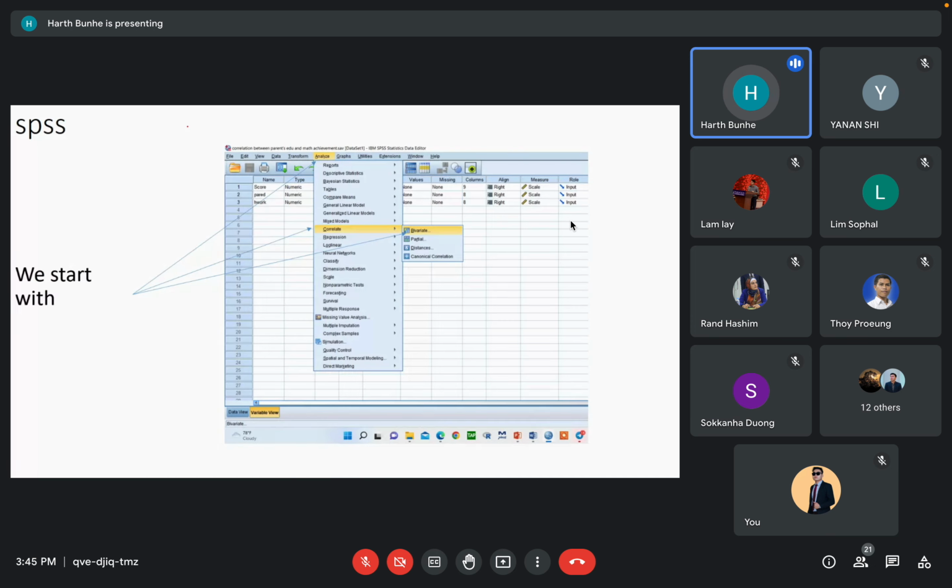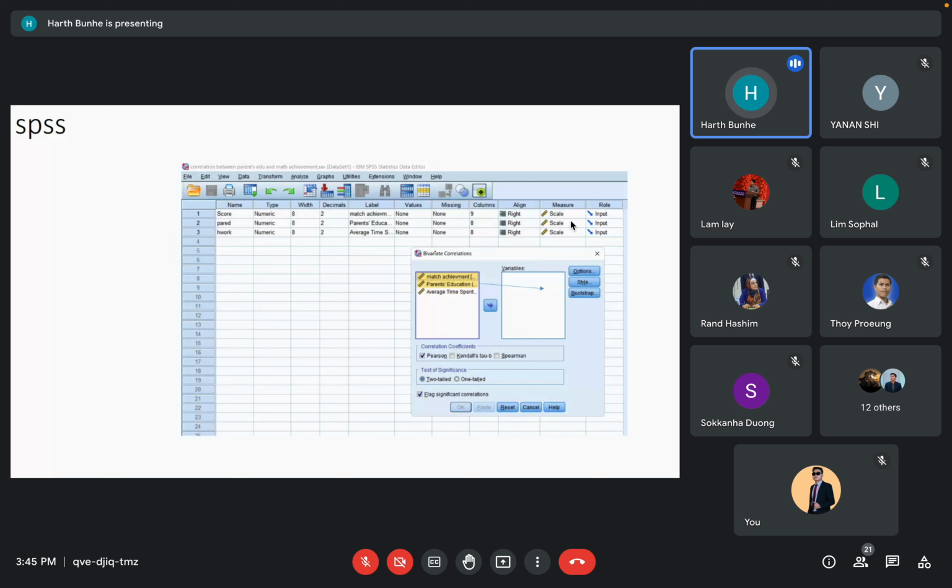So to analyze this, we go to the program SPSS, and then we start with the word Analyze, then go to Correlate. The last one is Bivariate. Then you will see the interface like this. You just take the variables that you want to measure into the Variables box here, and then you click OK.